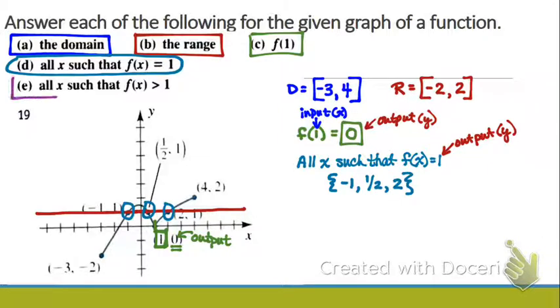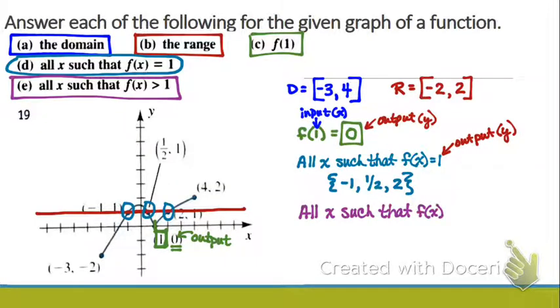All right, now we'll get to that guy on the bottom here. Part E. Part E is really similar to Part D, but with one slight difference. What is that difference? Greater than. So now I want my output, my y value, to be exactly 1. Is that what it's saying here?